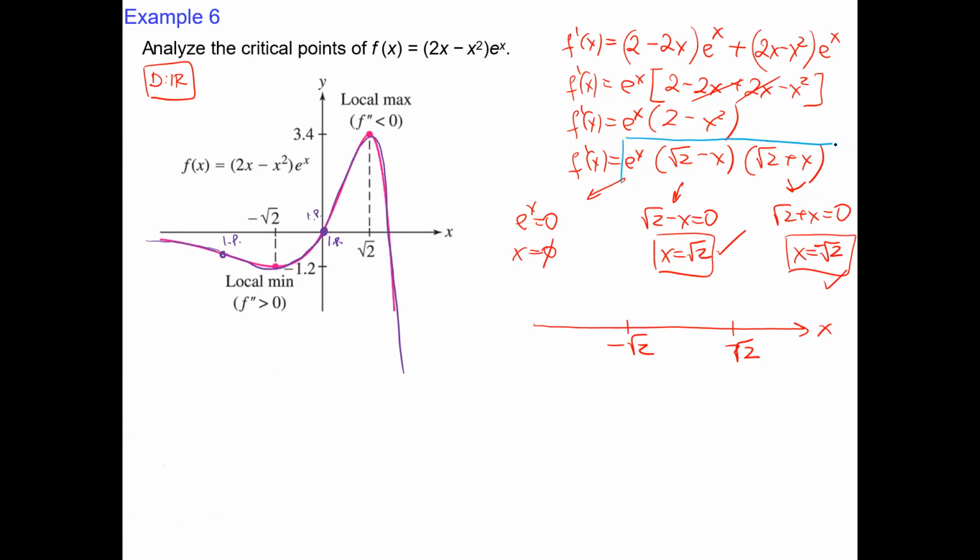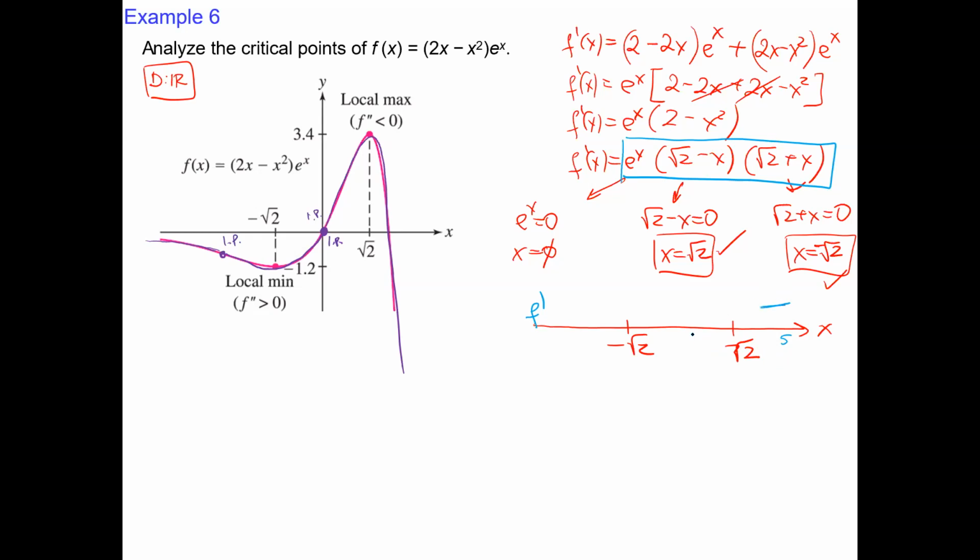I believe this is a good form. Okay, when I take a number, let's say 5, something greater than square root of 2, substituting 5, square root of 2 minus 5 will give me a negative number, and square root of 2 plus 5 will give me positive, but positive times negative is negative. E to the power of any number is always positive, that's why we can ignore it.